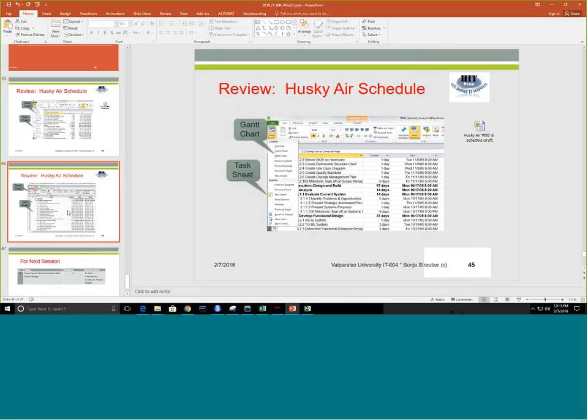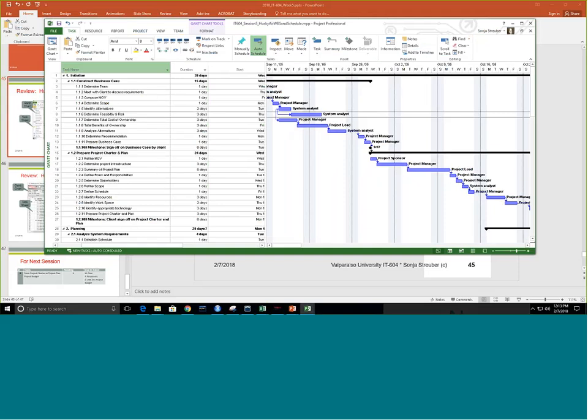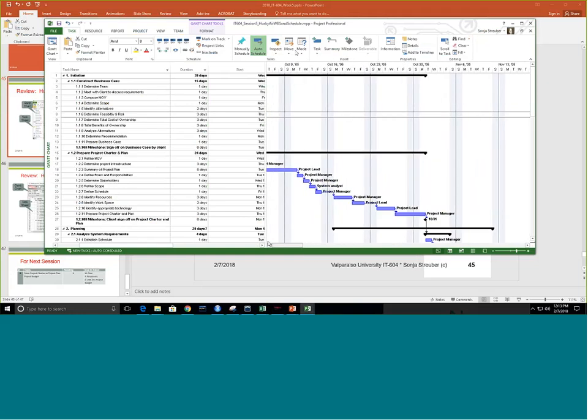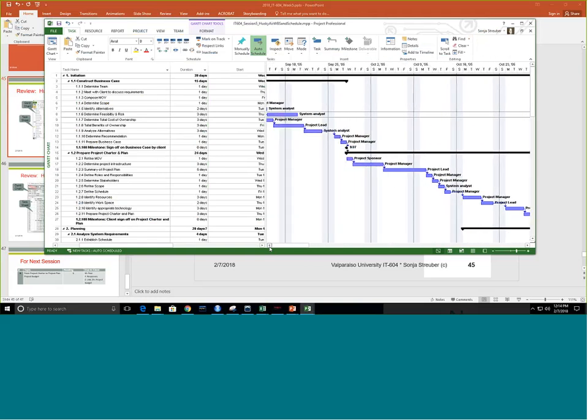Now, one thing that I wanted to show you is the Gantt chart, which is the WBS on the left side and then the bar schedule on the right side. It is not the only way in which you can represent your schedule or your project.